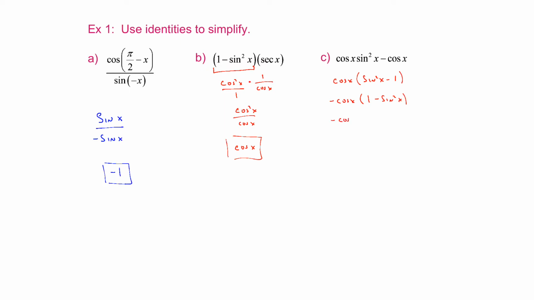And so now, by doing that, 1 minus sine squared is equal to cosine squared. And so cosine squared of x times cosine of x would give you, and don't forget the negative, negative cosine cubed of x. So you can see that we're definitely using the different identities and properties to simplify each of these expressions.